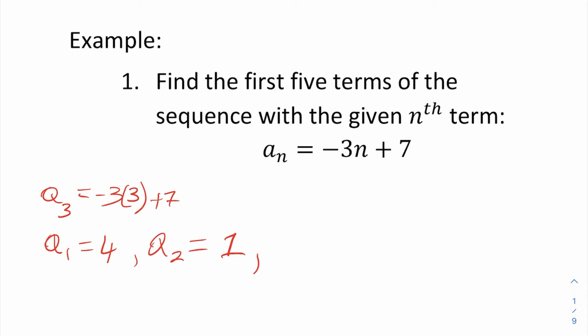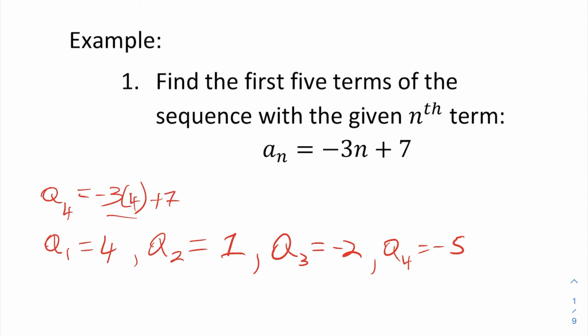A3 is -9 plus 7, so A3 is -2. A4, the fourth term, well, that's -12 plus 7. -12 plus 7 means that A4 is -5.